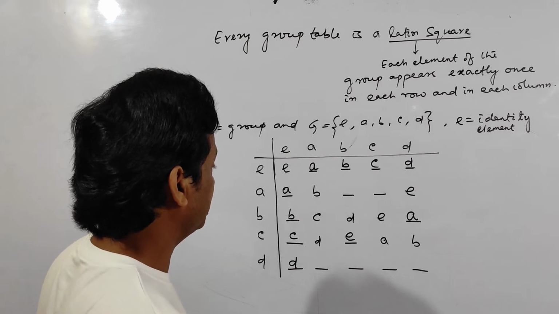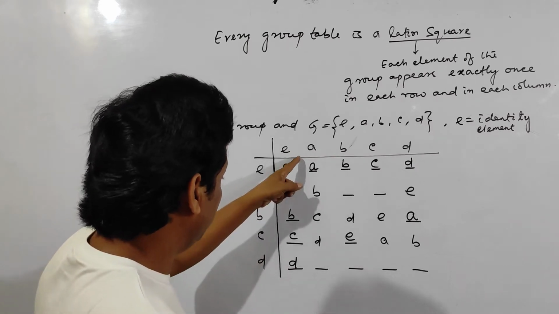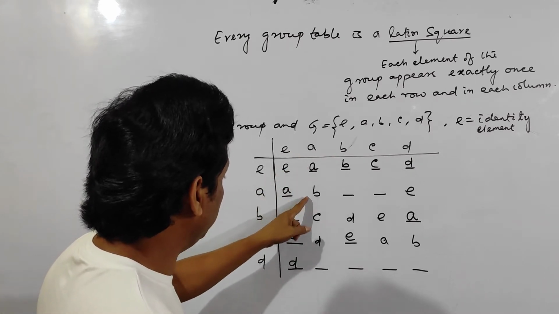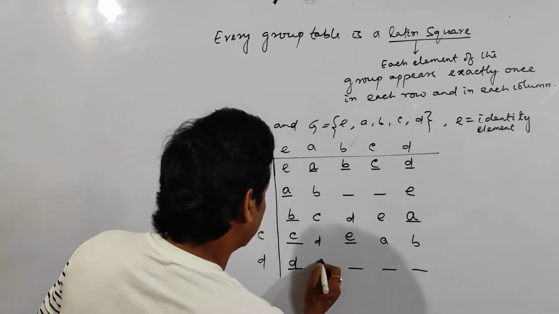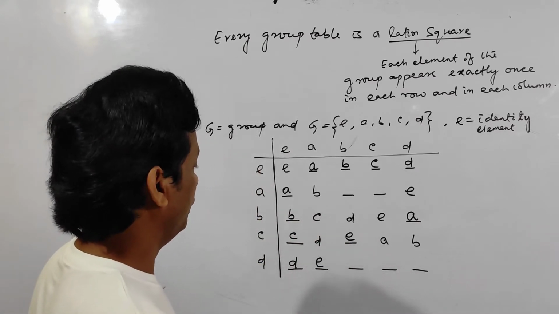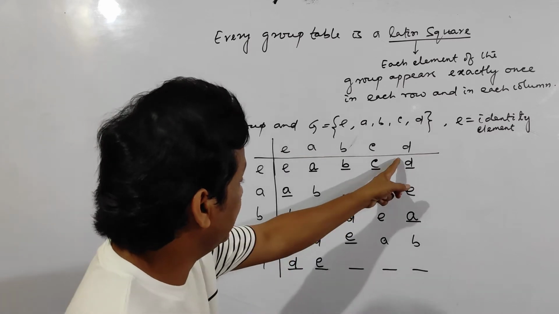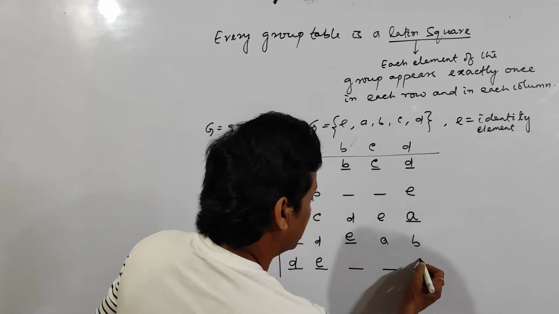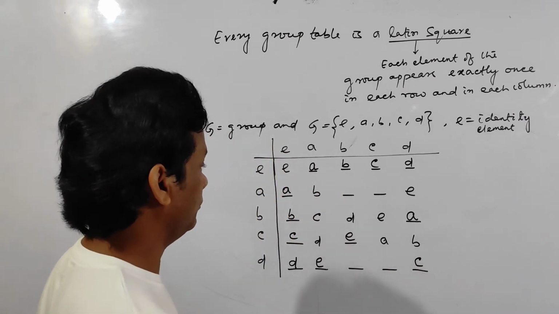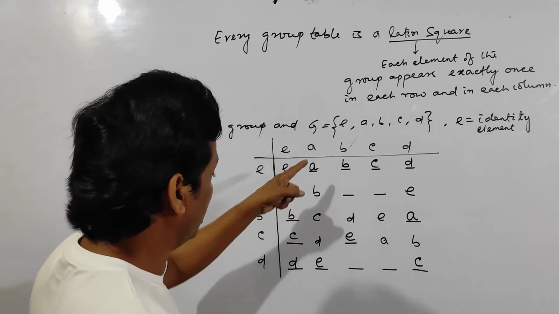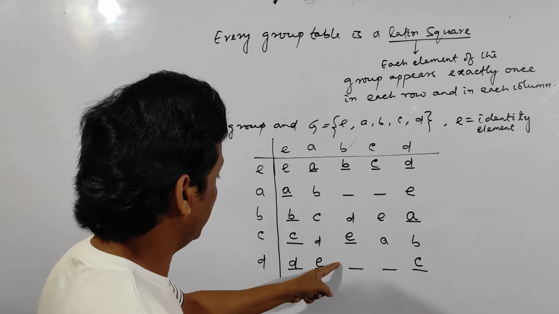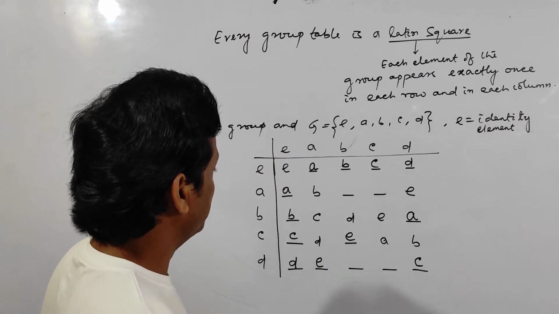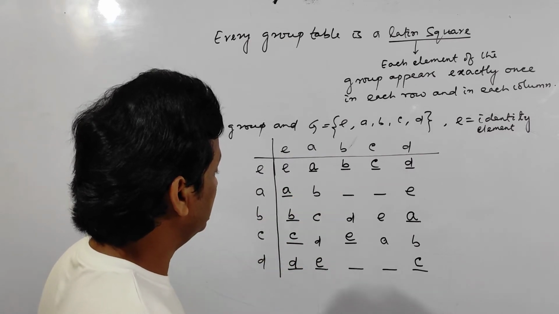Now tell me, in this column, A, B, C, D, E is not there. So E. So now in this column, A, B, C is not there. So C. So now let us check this one. A is not there.